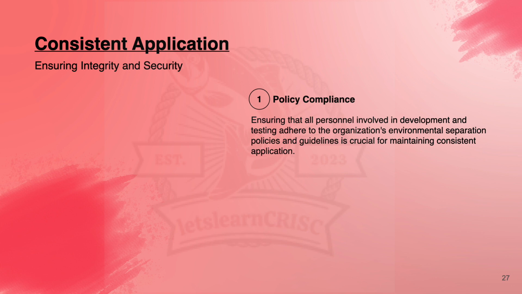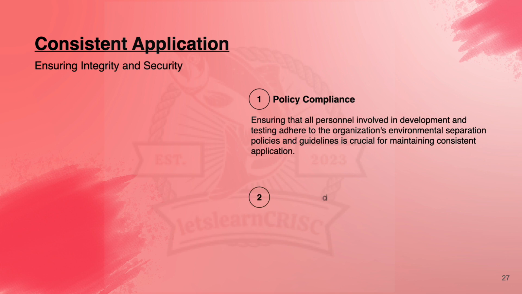This is essential for maintaining consistency in the application of these policies. Let us understand with an example: think of a school with rules for behavior. Ensuring that every student adheres to these rules is compliance, and it maintains a consistent and orderly learning environment.